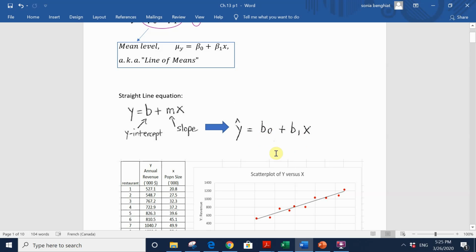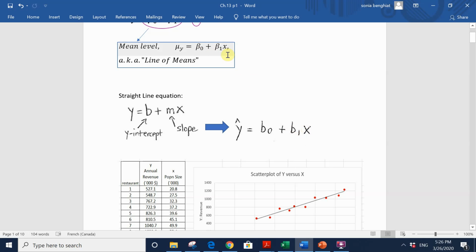These are point estimates for beta naught and beta 1, respectively. So B naught comes from my sample information, and it's used to estimate the true population value of beta naught, beta naught, of course, being the y-intercept, right? And the B1 is a point estimate of the true population value beta 1, beta 1 being the population slope.